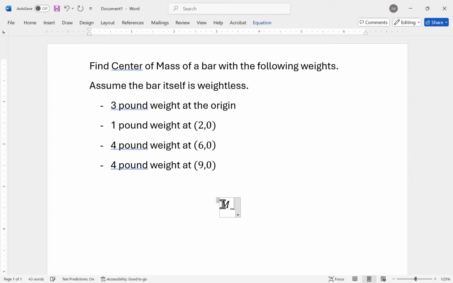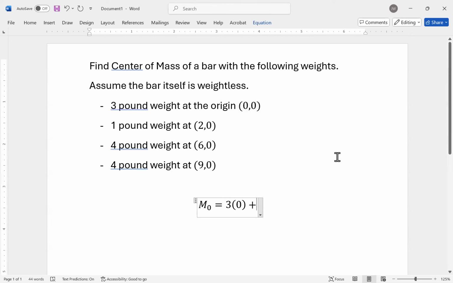So our calculations are pretty straightforward. The moment about the origin: since there is a 3-pound weight at the origin, it has an x value of 0. So the origin obviously is the point (0, 0). So we would take the mass, the 3 pounds, and multiply it times the x value of 0.